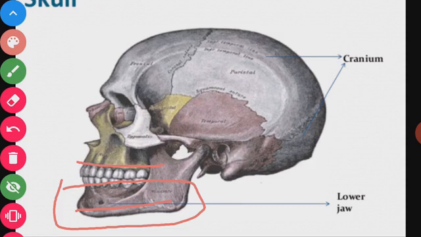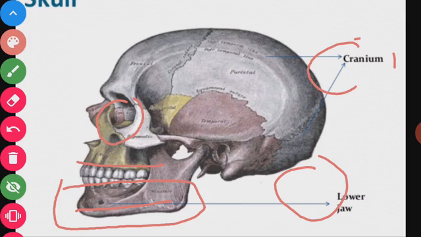The eye sockets protect our delicate eyes. This whole skull, the cranium and the facial bones, is made up of 22 small and large bones. Some bones are small and some are large, and the total number of bones in the human skull is 22.